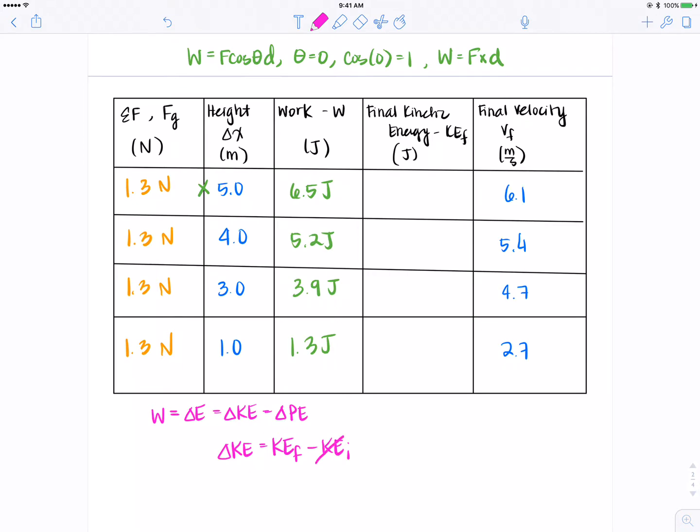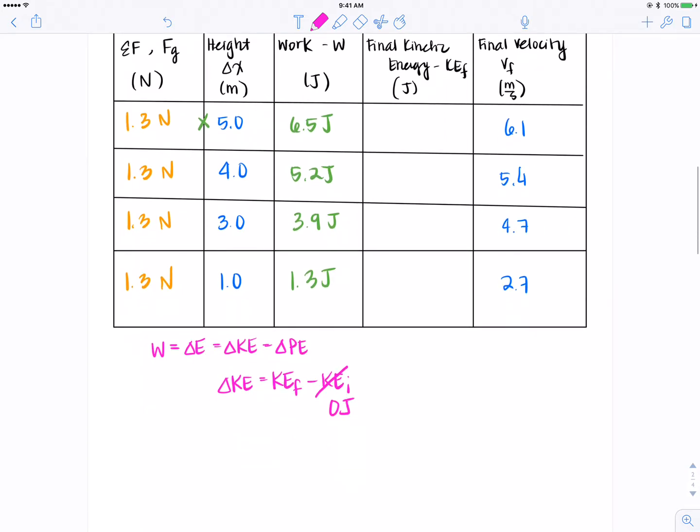But recall that this is 0. So we really have work equal to change in energy, and I'm just going to rearrange this so it looks more clear and logical, equal to delta KE. And if delta KE is equal to KE final minus 0, that's just equal to KE final. So that means that the work done is equal to KE final.